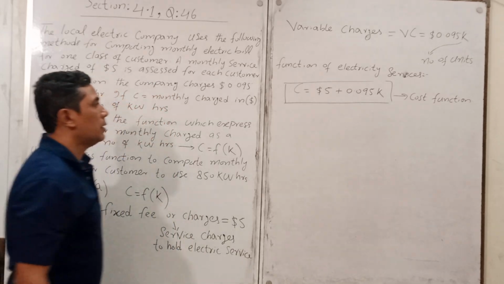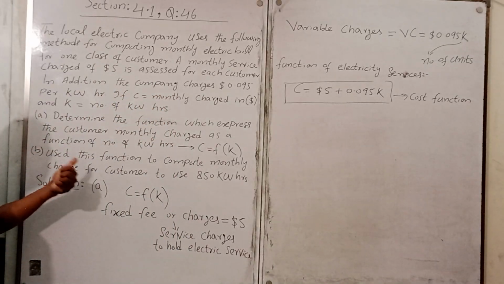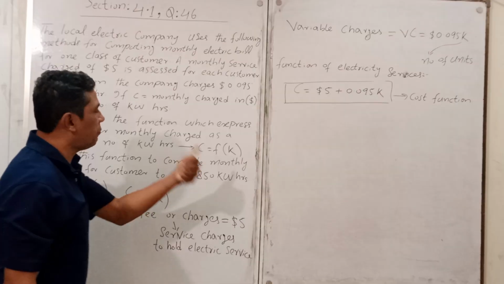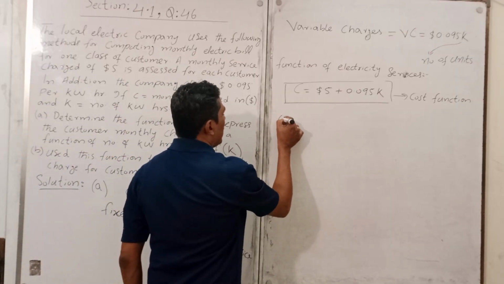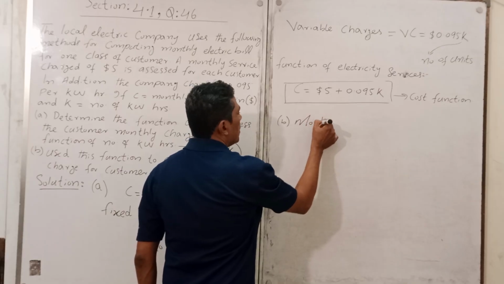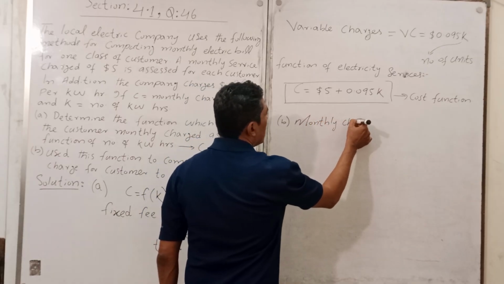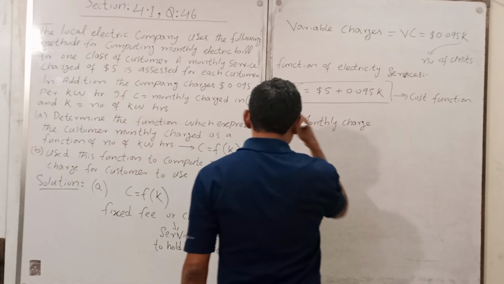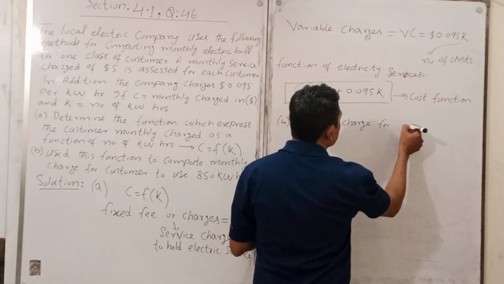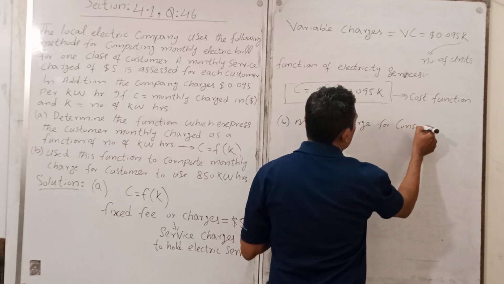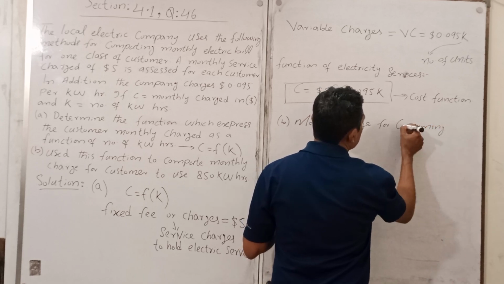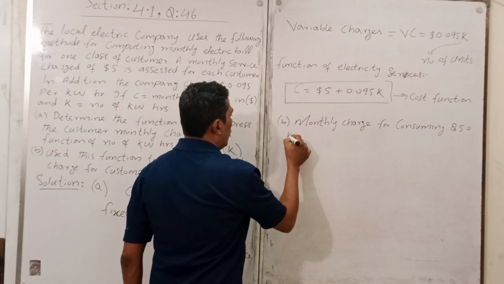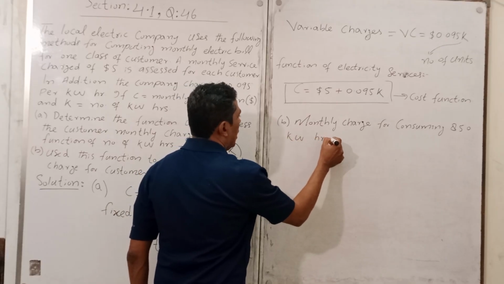Now the second part is to use this function to compute the monthly charge for a customer who uses 850 kilowatts. Part B is the monthly charge for consuming 850 kilowatt hours.